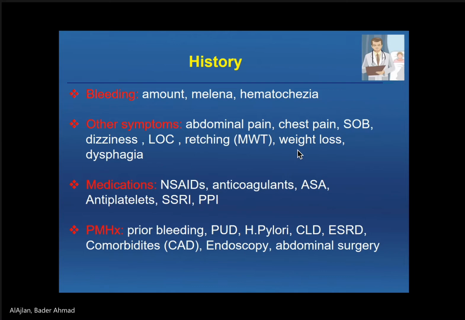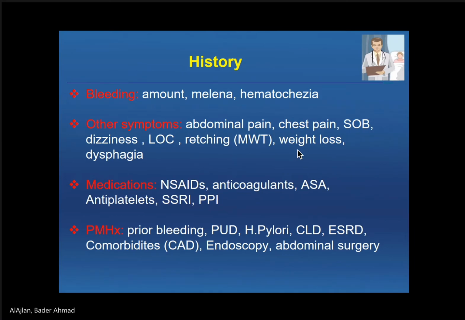Of course, you want to know if your patient is on anticoagulation or any blood thinners or antiplatelets, or if they are taking SSRIs, because SSRIs affect the platelets also. It gives some platelet dysfunction to some extent, so that's why we ask about that. And SSRIs can also induce risk of peptic ulcer disease, as we just mentioned.